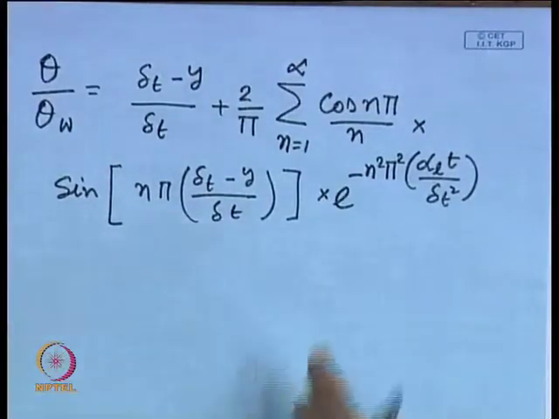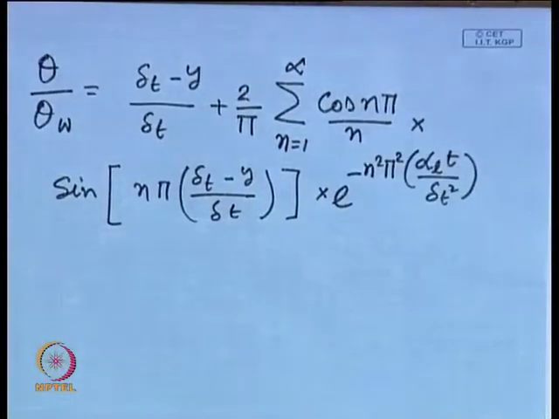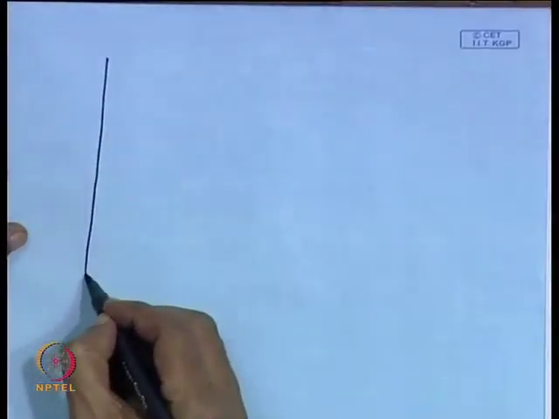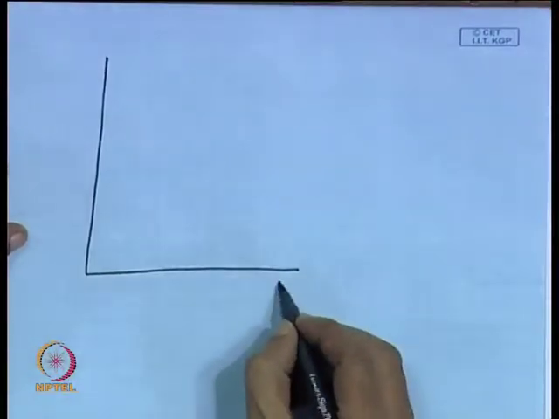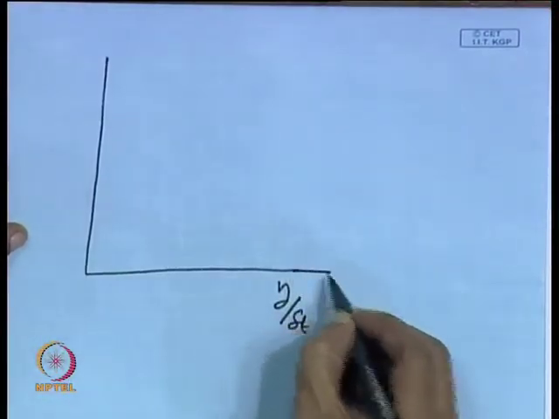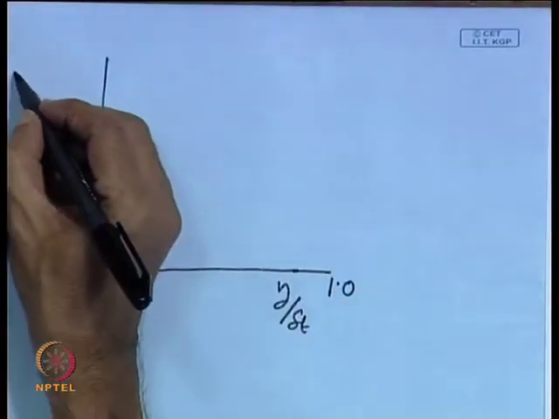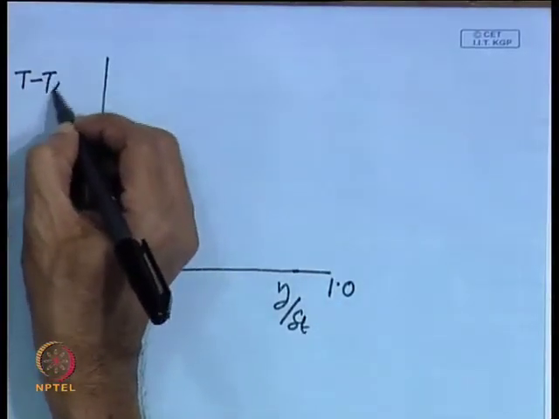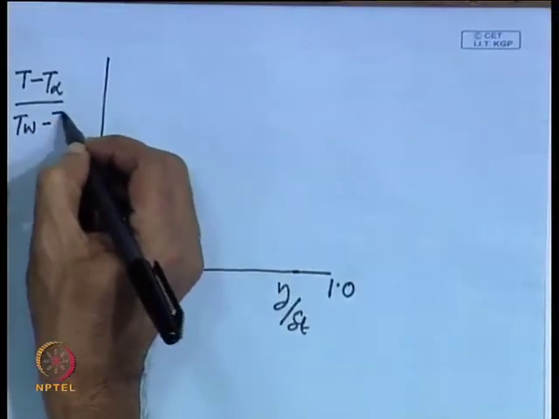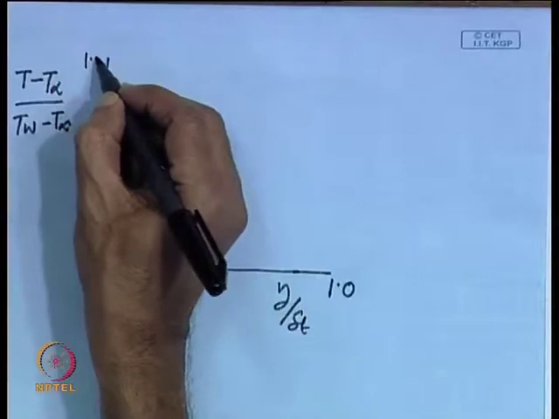Obviously, you can see that up to this it is taking care of the spatial variation, and the exponential term is taking care of the variation with time. How does this curve look? If we have a non-dimensional plot, the curve looks like this. We have y by delta t, this is 1, and on this side we have T minus T infinity by T wall minus T infinity, this is also 1.